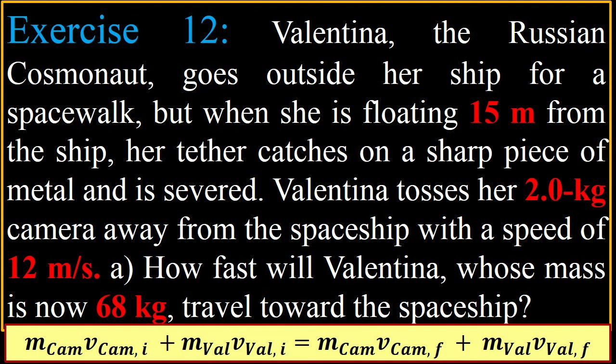The sum of the initial momenta will equal the sum of the final momenta. And the initial momenta will be 0, and I want you to consider why the initial momentum will be 0. The sum of the initial momentum will be 0. Why? And then what happens mathematically.